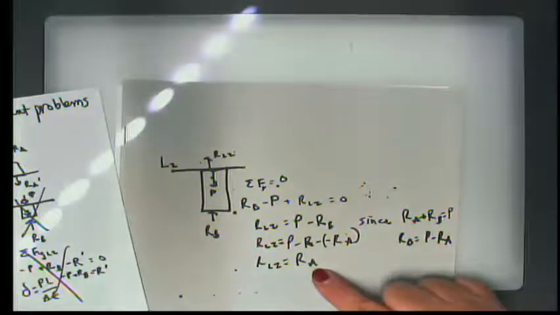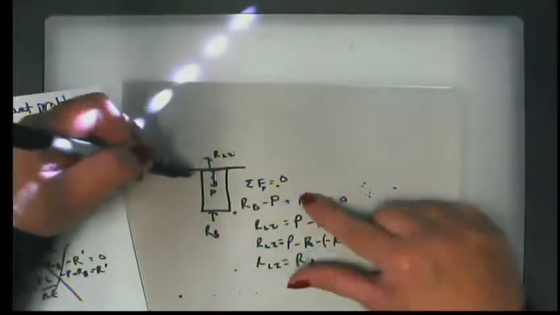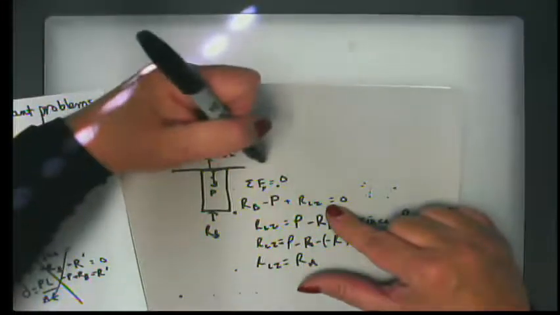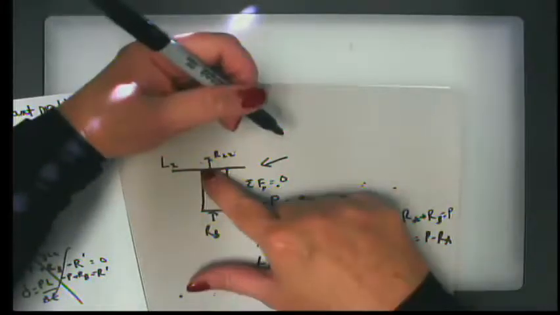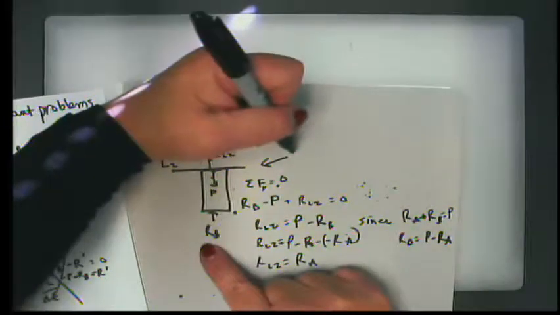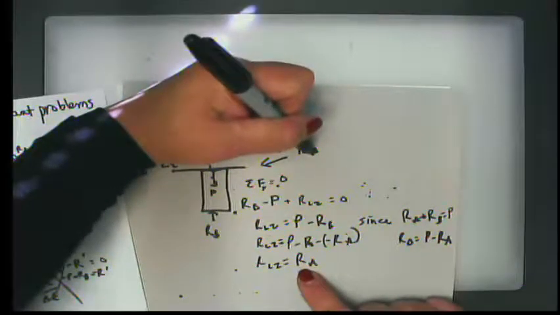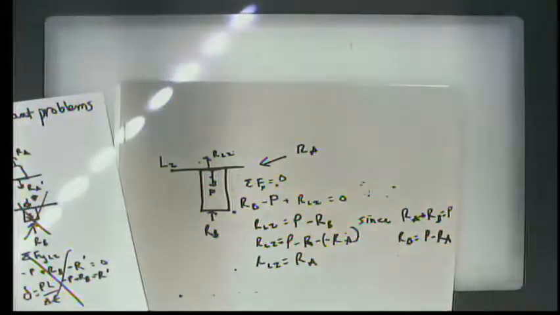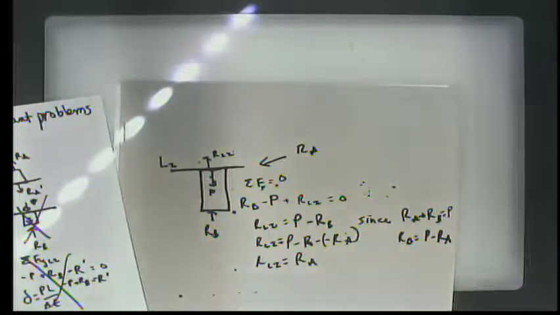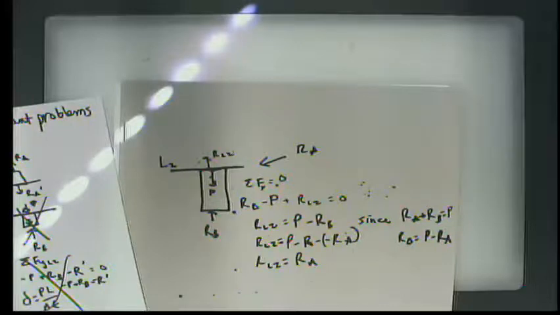Okay, now, so when I do my free body diagram here, I can then say that R sub L2, which is R sub A, see, I'm going to get in the weeds again, and I hate to do this because we're not going to come out with what I hope to come out with here.